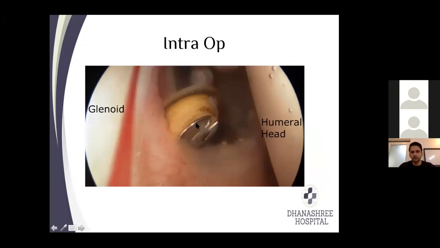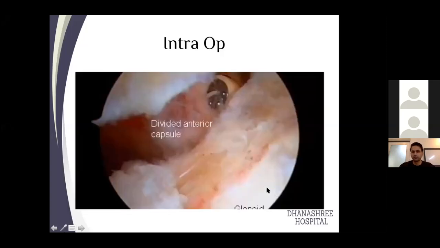Here you can see the radio frequency wand is literally cutting the capsule. We create a circumferential space between the glenoid and the humerus, and we cut open the capsule. And after cutting open, here you can see what is called a divided capsule. So this is the glenoid, this is the rest of the capsule, and you can see there is a rift over here, and this rift is the opening up of the joint.